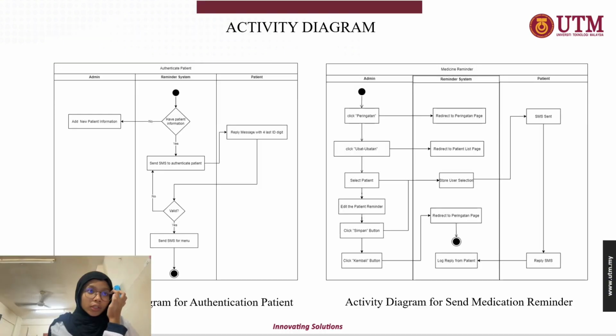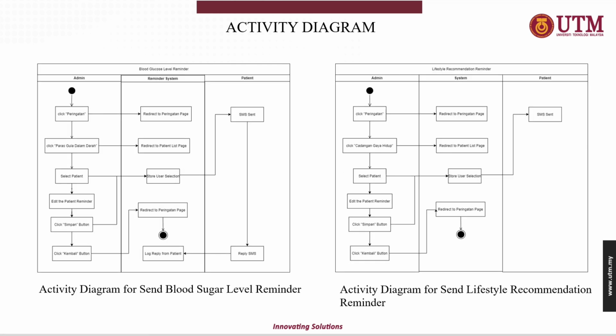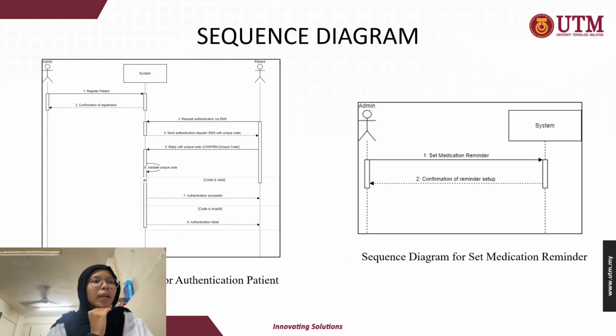So this is the activity diagram, using the same use cases. First is the authentication patient, second is the send medication reminder, third is the send blood sugar level reminder, fourth is the lifestyle recommendation reminder. Next is the sequence diagram. So the same, I use the same 4 use cases.